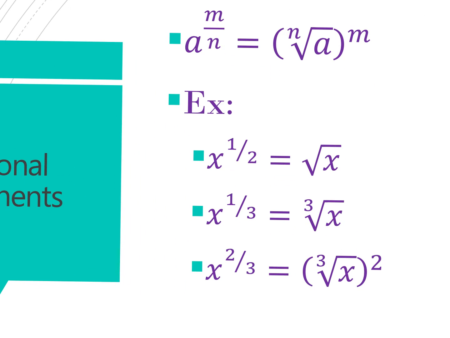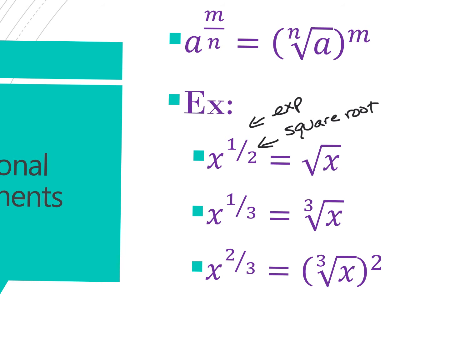So in this first one that's done for you, notice the denominator is a 2. So when that happens, this is going to be a square root. And then it's raised to the first power, and that will be the exponent. So whenever you see something raised to the 1/2 power, it's just finding the square root.